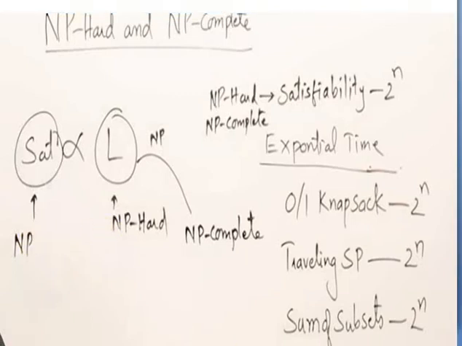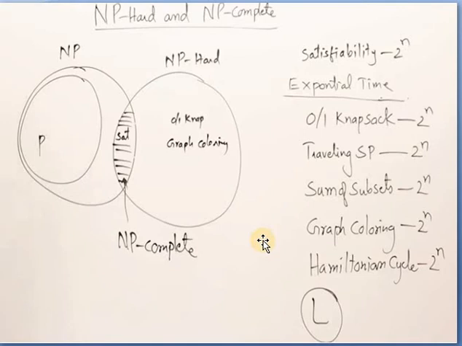So here we will see with the help of a very well-known diagram of NP hard and NP complete problems. This circle indicates these are the NP hard problems, because satisfiability is an NP hard problem, and all these problems can be converted into the satisfiability problem, or satisfiability can be converted into all these problems.